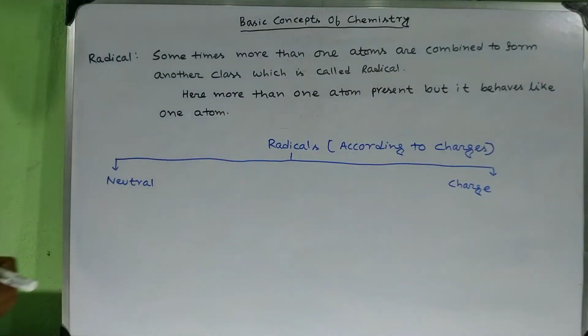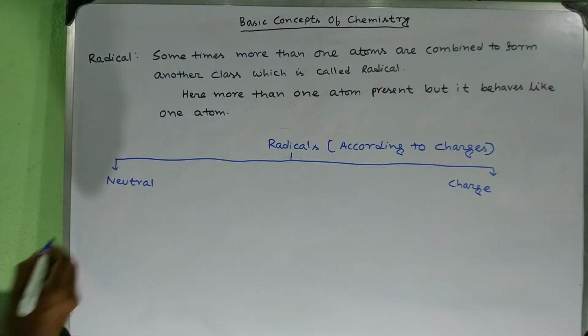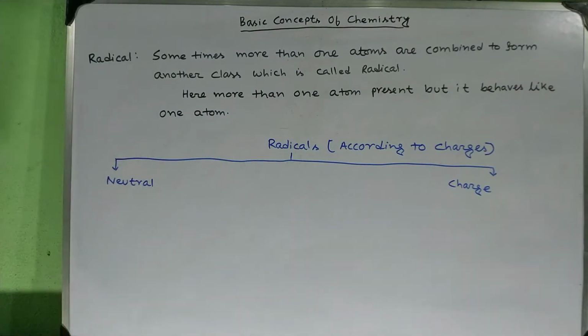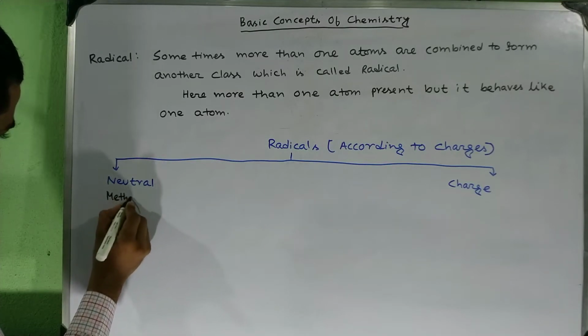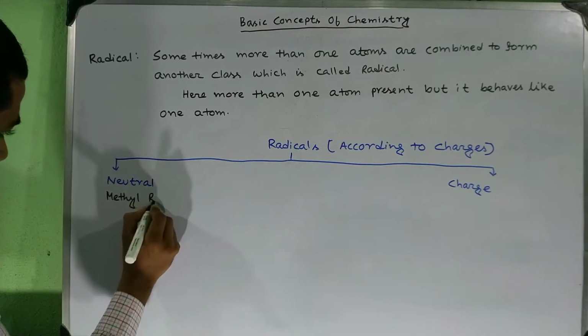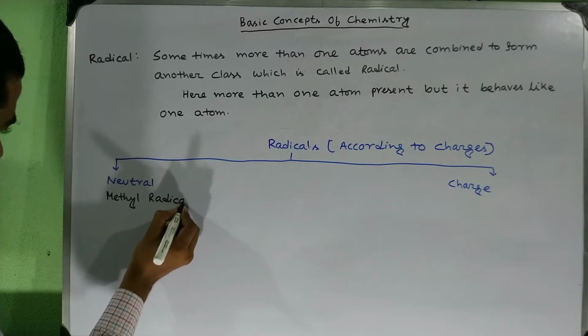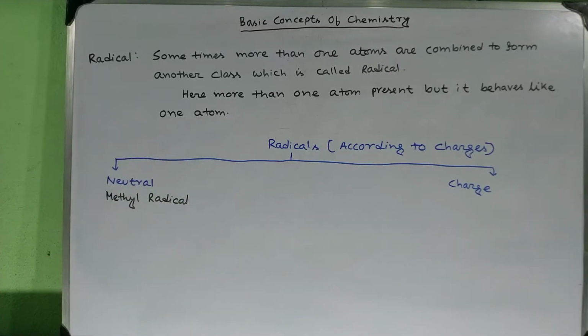A neutral example is the methyl radical. And the charged is also classified into two classes: one is positive, another is negative.